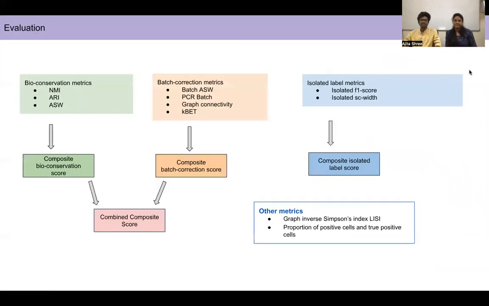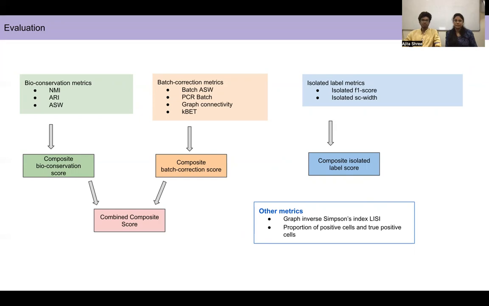To evaluate scDREAMER, we have introduced broadly 3 categories of metrics: bioconservation metrics, batch correction metrics, and finally the isolated label metrics. For a holistic view, bioconservation metrics involve NMI, ARI, and ASW. Similarly, for batch correction metrics, we have batch ASW, PCR batch, graph connectivity, and kBET.